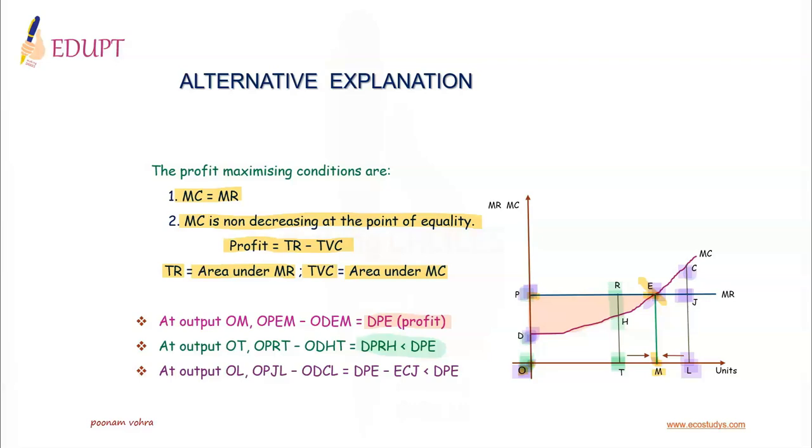So still DPE is greater than this area. So one finds that only at the OM level of output is equilibrium achieved and profit maximized.